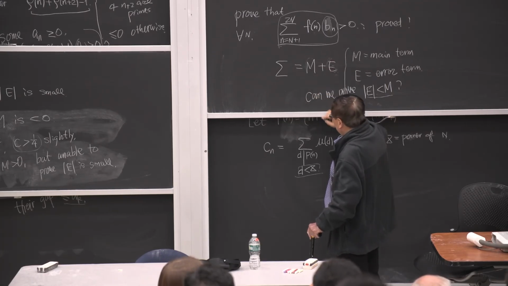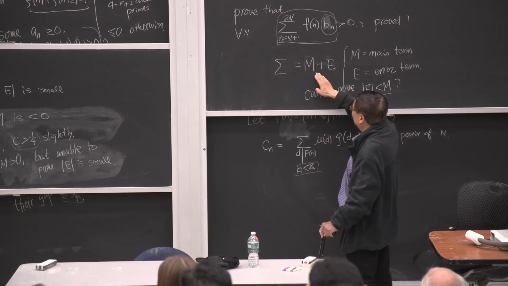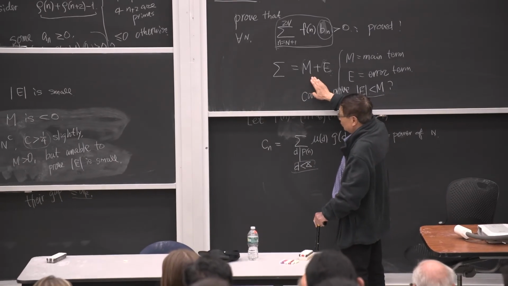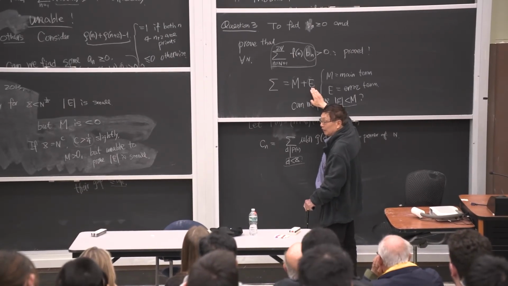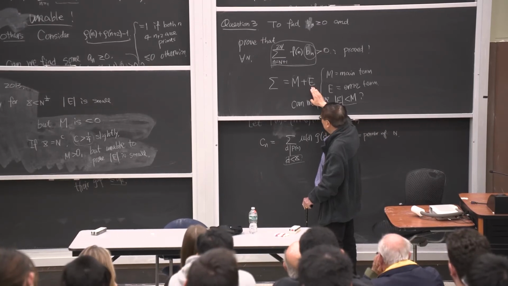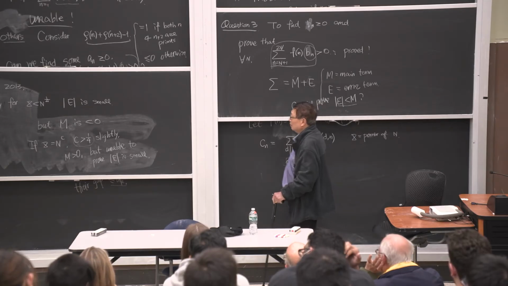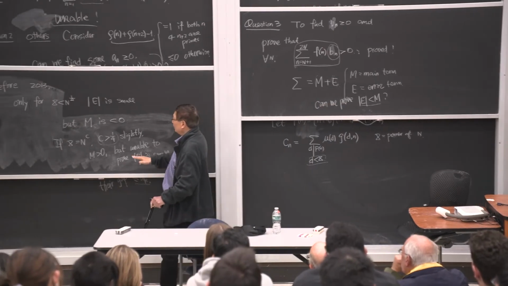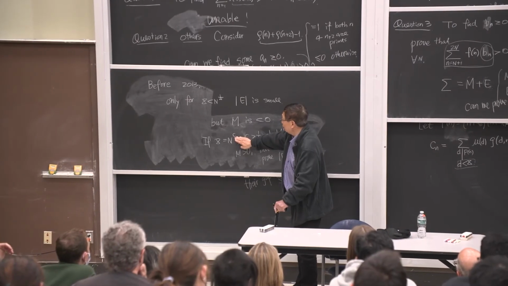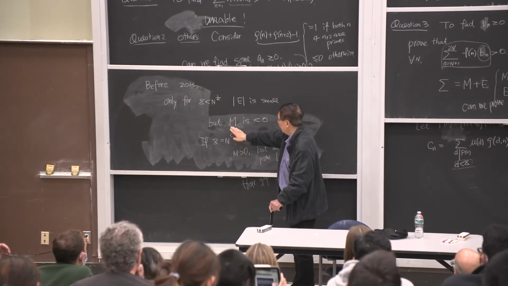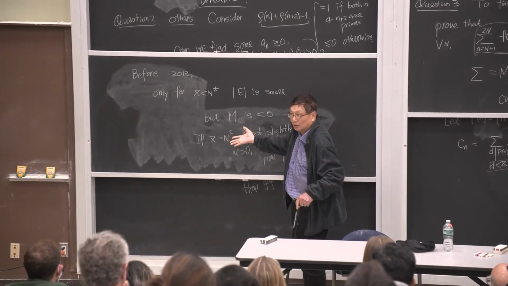If Bn, this parameter, is too large, although we can get such a relation, we are unable to handle the error. So in order to handle the error, we require that this is not too large. We require that C is less than 1/4. But with C less than 1/4, we cannot prove the main term is positive. So it still does not work.